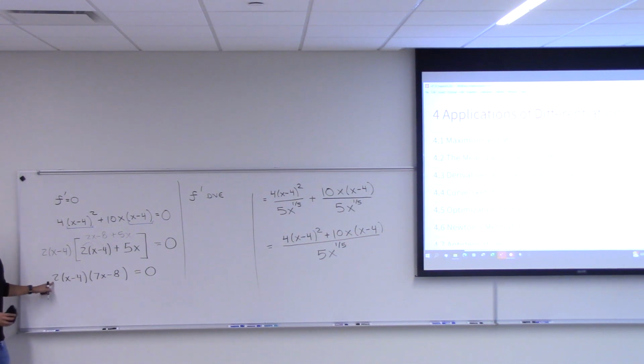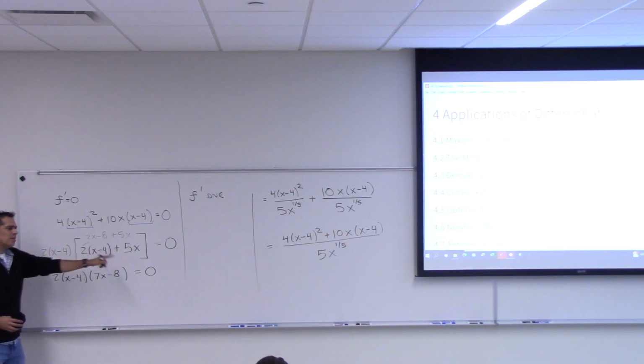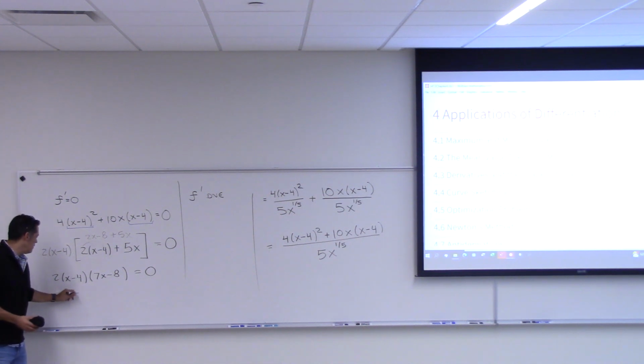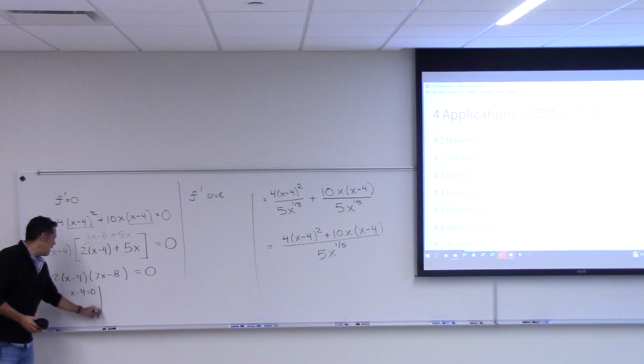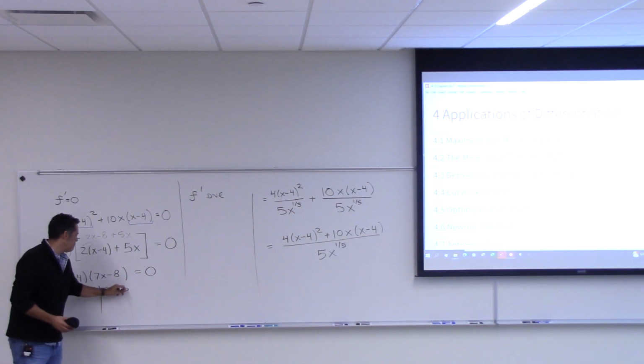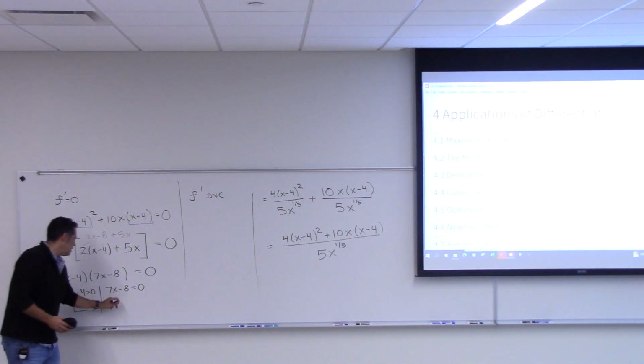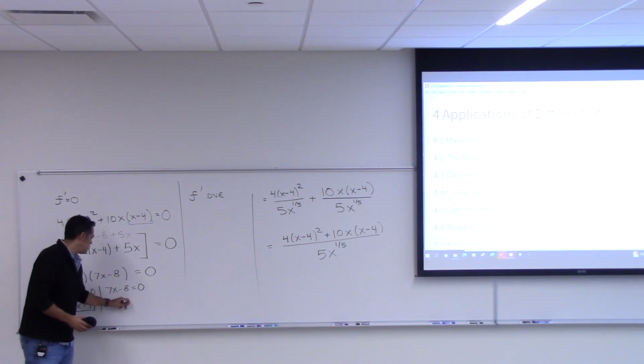Now we can ignore the 2, because if you divide both sides by 2, it's gone. So I really need to set this equal to 0, and then I need to set this equal to 0. And so here I get x is 4, and then here I get x is, you move the 8 over, divide by 7, you get 8 over 7.